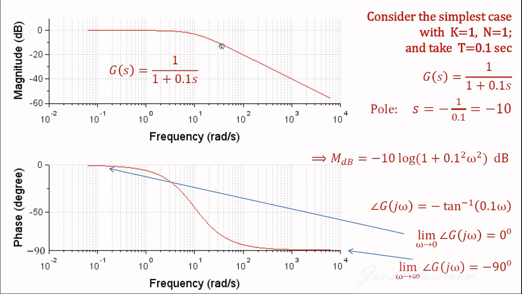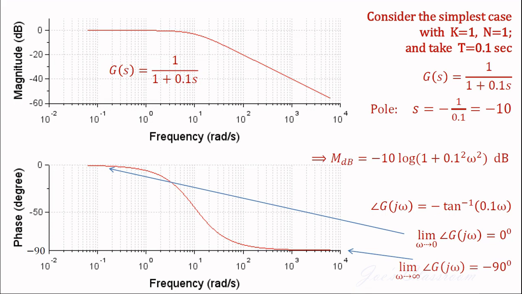So at all higher frequencies the system is going to attenuate, whereas at all lower frequencies it is going to allow. So that's what we understand from this. Therefore, this system I can call a low pass filter. It allows only the low frequencies and it attenuates all the higher frequencies. Okay, so let it be there.